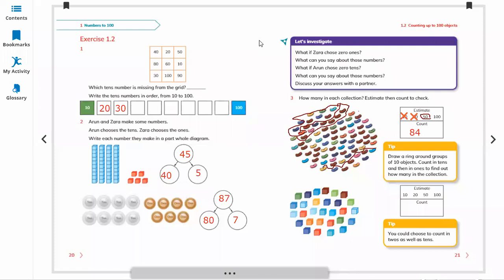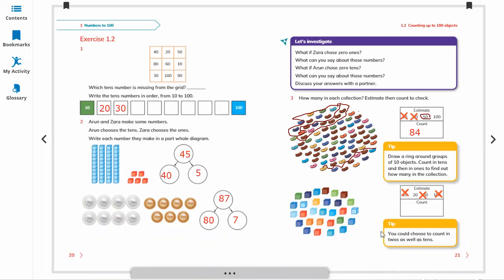So let's see. No, I think they are not 10 boxes. Or 100. No, we can say these are between 20 and 50. So we can say it as 20. Let's estimate.